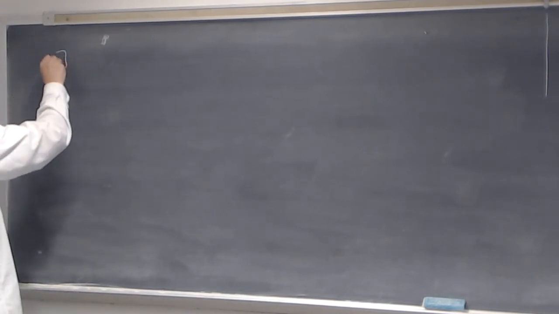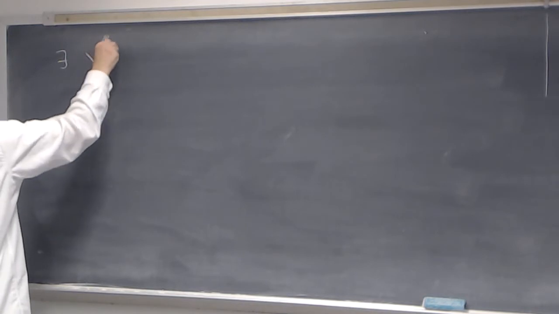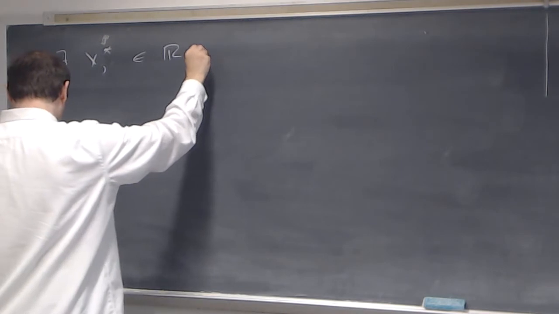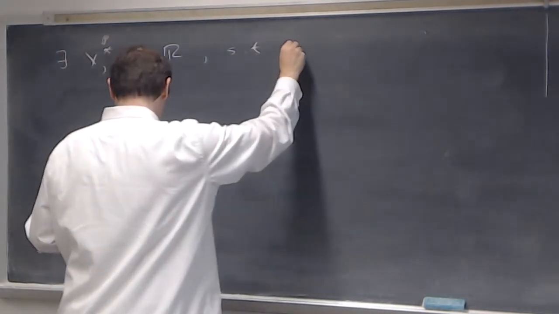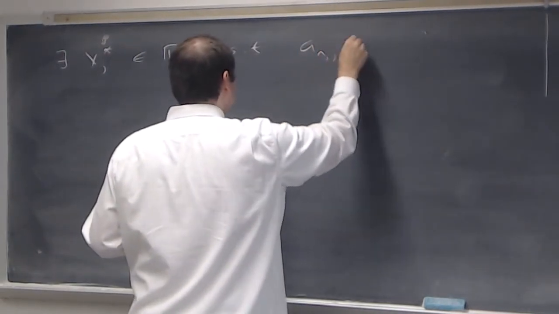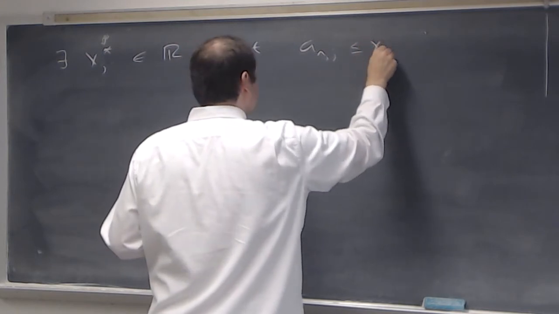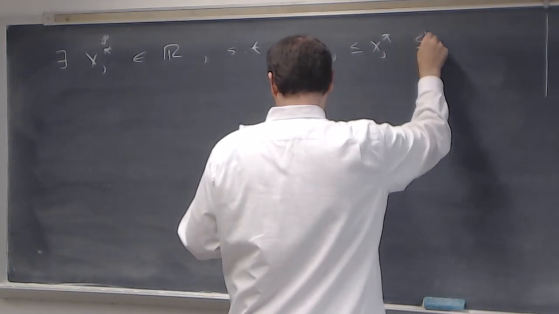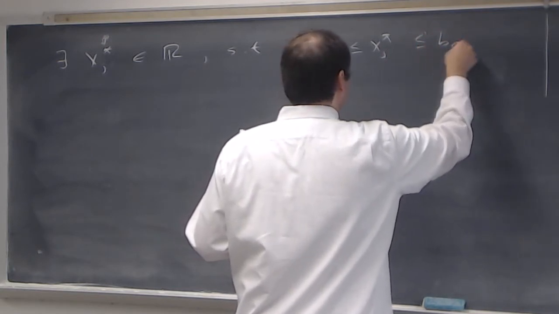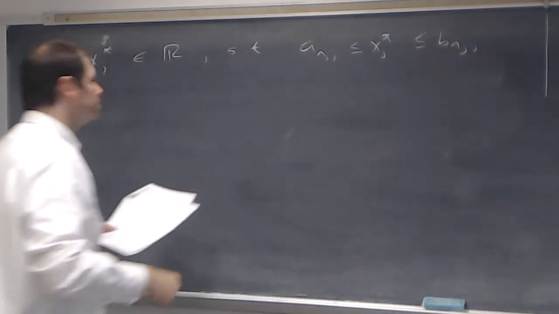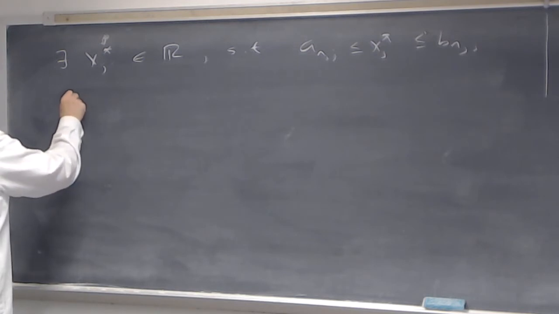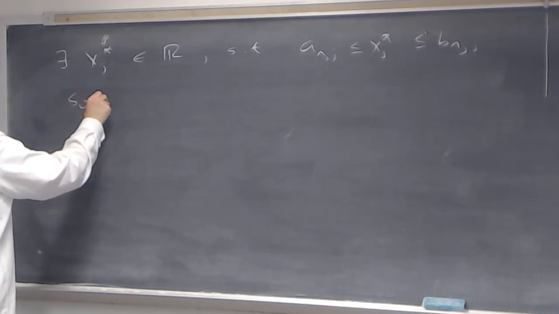There exists an x sub j star, which is just a real number, a coordinate, such that a sub n,j is less than or equal to x sub j star, which is less than or equal to b sub n,j.